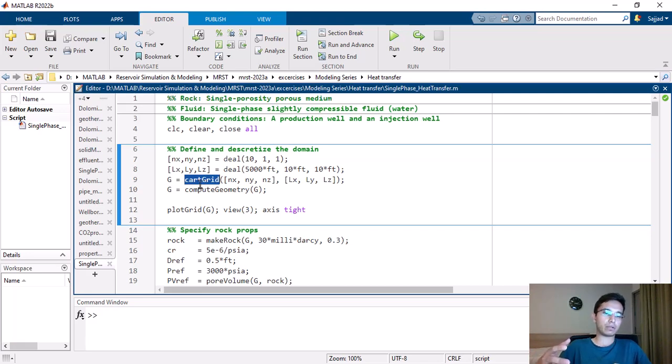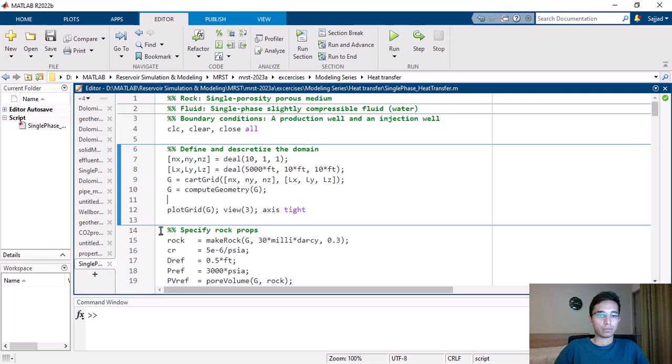For example, the volumes of the cells and many other data that we need to have, for example, for calculating the transmissibilities and things like that in an unstructured way. Of course, for the calculation of, for example, the volumes of the cells, we need to pass this variable to this function, and then this function calculates the volumes of the actual cells, or the grid cells of the grid, and some other additional information about the grid.